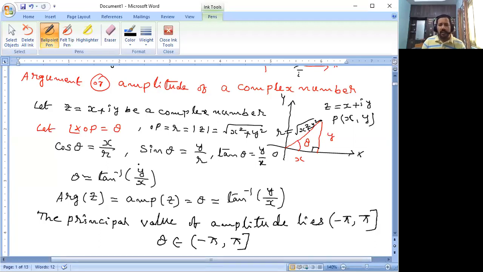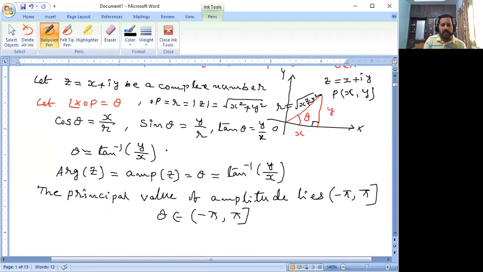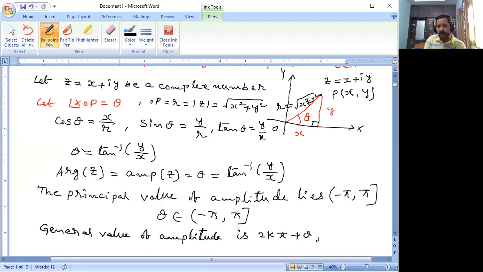Now here we can write the general value of amplitude. The general value of amplitude is 2k pi plus theta, where k belongs to integer.